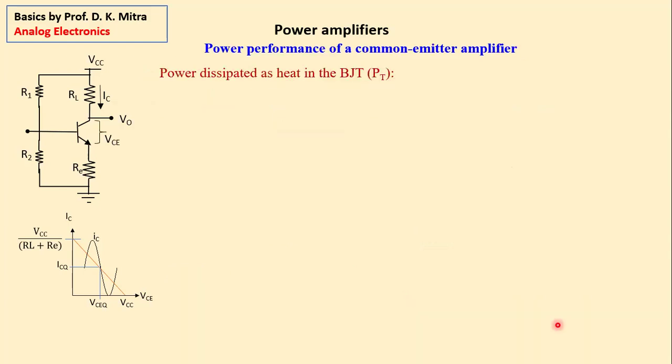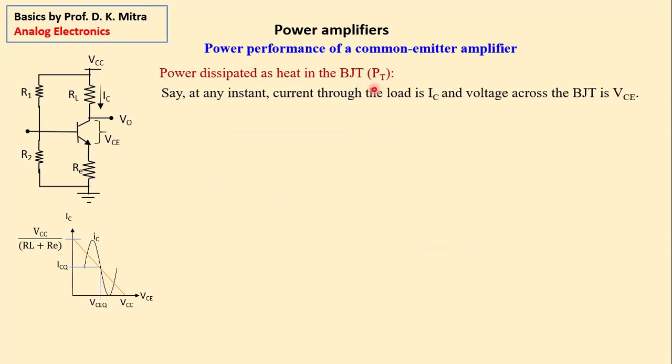Next thing, power dissipated in the transistor, PT, right? At any instant, the current through the transistor is IC and the voltage across the BJT is VCE.